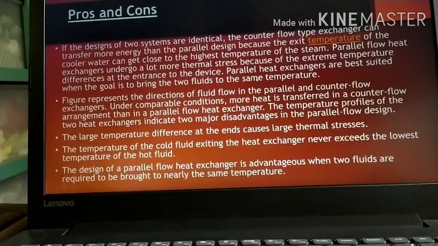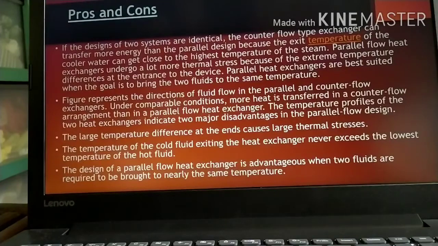So if you want the media to have the same temperature, use the parallel heat exchanger. And if you want the hotter media to become cold, or to lower the temperature, use the counterflow because it is more suitable in that way.